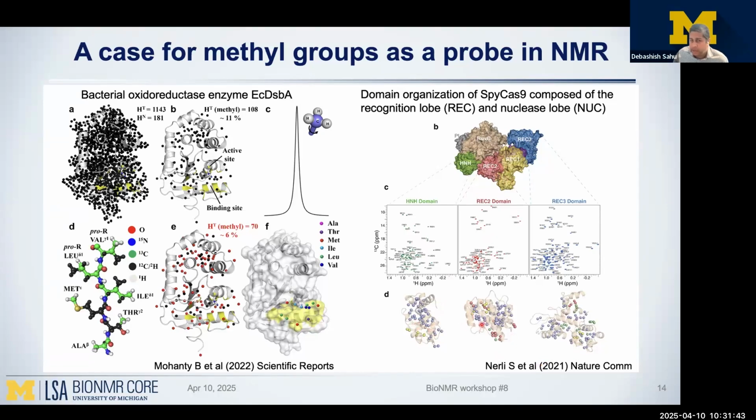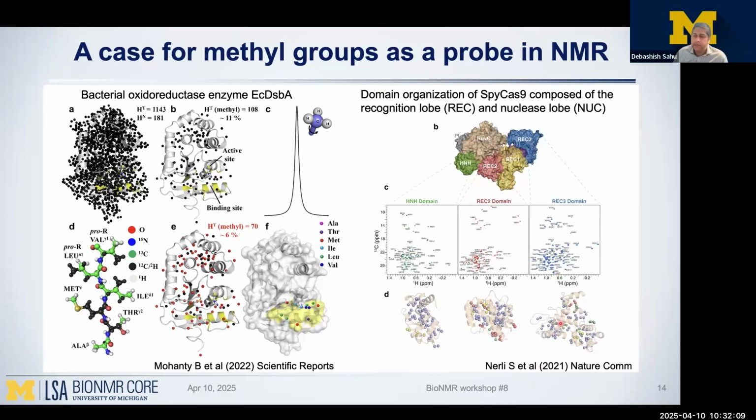The other thing to note here is that all these probes are very well distributed, and that means they can still give you information on the interactions between these domains, because there will be chemical shift changes when they come together. These are just separate samples that are made, but then you can combine them and see how they affect each other when they interact with one another.